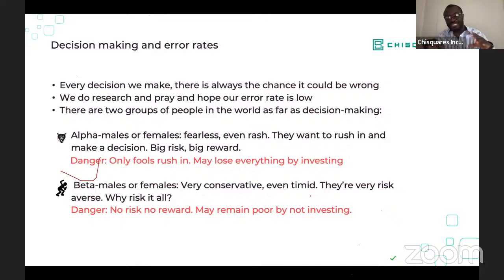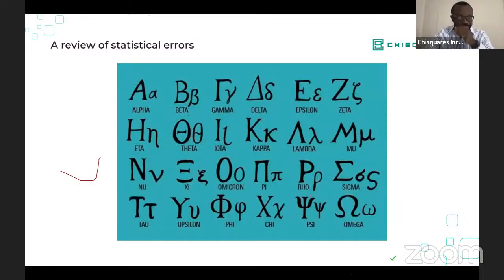And that's how you want to consider statistics in general, because when we analyze data, we're actually making decisions. And all our decisions in data too fall into those two groups. It's either we're alpha and just rushing into making conclusions, or we are beta and we're very timid and we refuse to make a conclusion because for whatever reason, we're afraid. Now, this is a Greek alphabet.